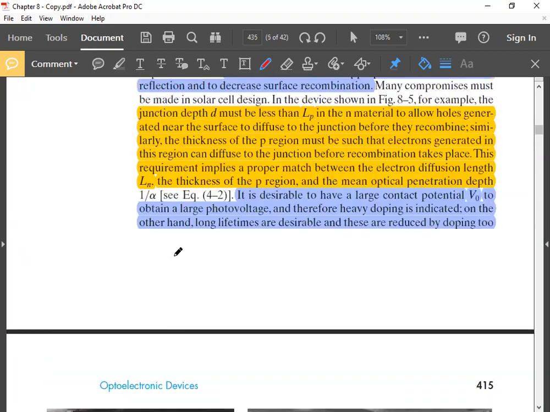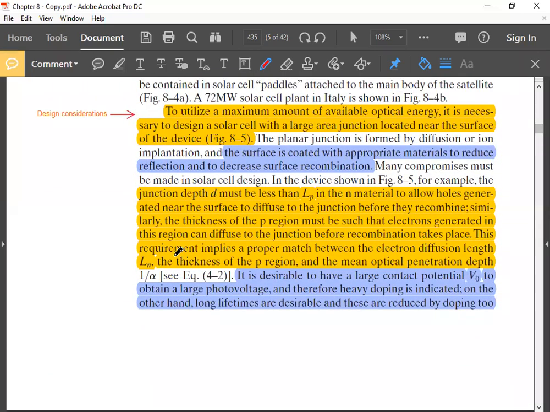So the surface is coated with appropriate materials to reduce reflection and to decrease surface recombination. Surface recombination happens because of surface defects. So these two design considerations should be clear, right?